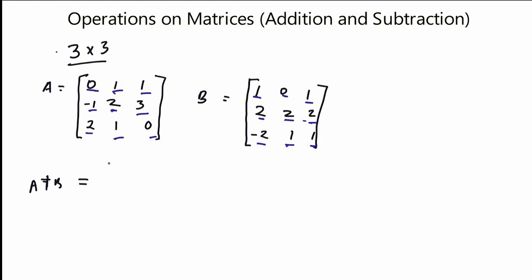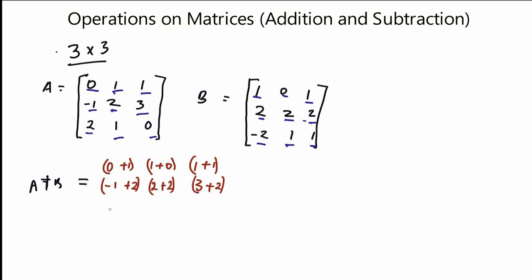So we have 0 plus 1, then 1 plus 0, and 1 plus 1. On our second row, we'll have minus 1 plus 2, 2 plus 2, and then we have 3 plus 2.